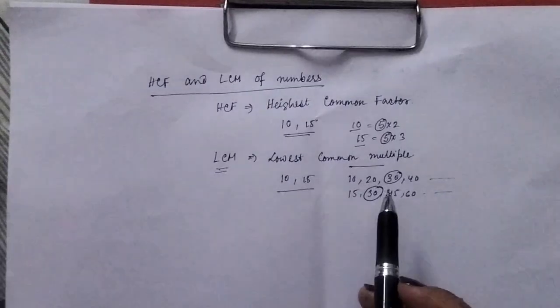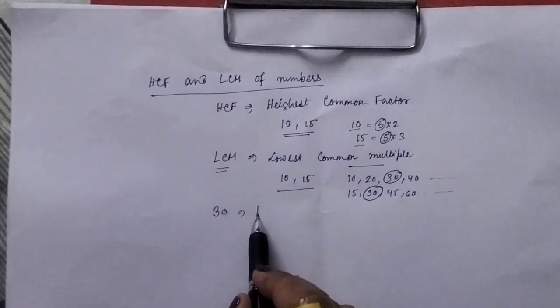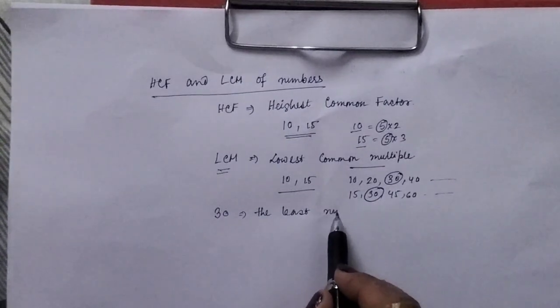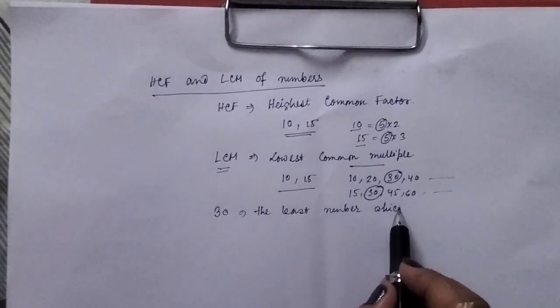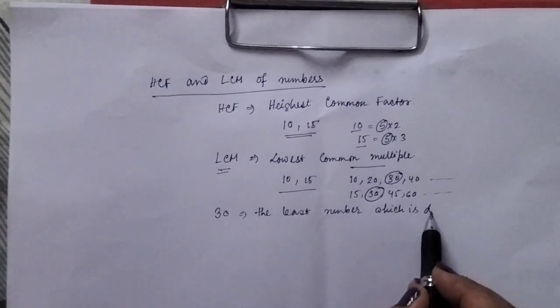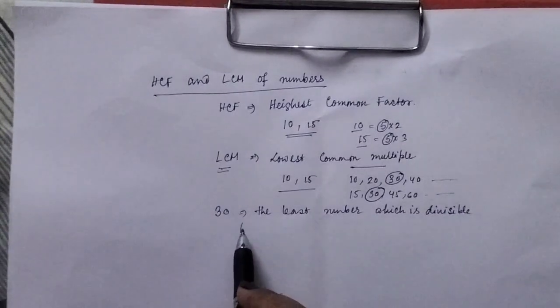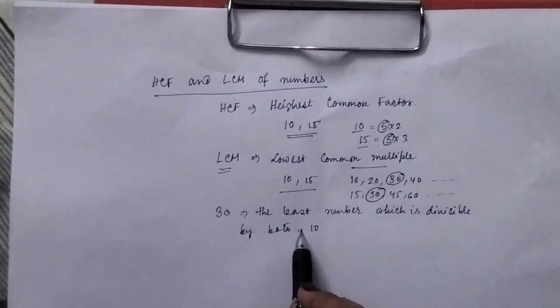That means 30 is that least number which is divisible by both 10 and 15.